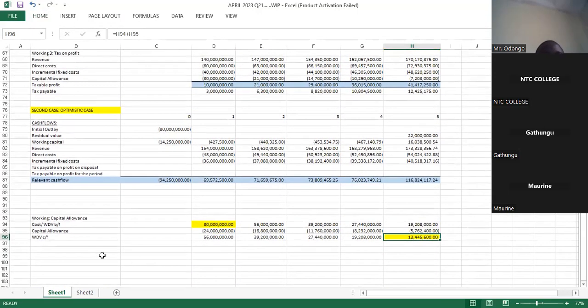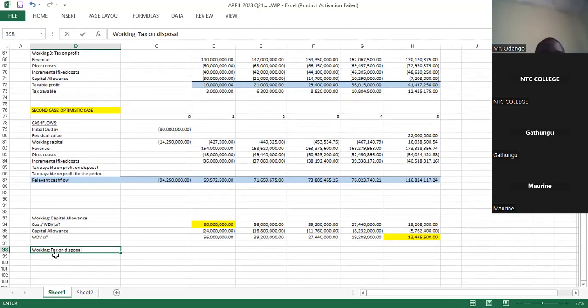Now, the next cash flow that we wanted to compute is again as a working. The next cash flow that we wanted to compute is the tax on disposal.